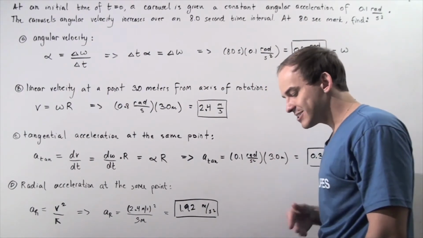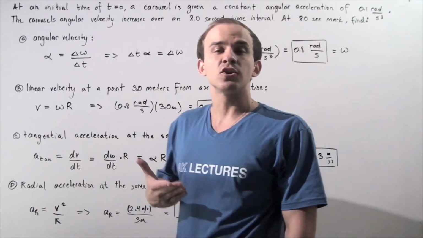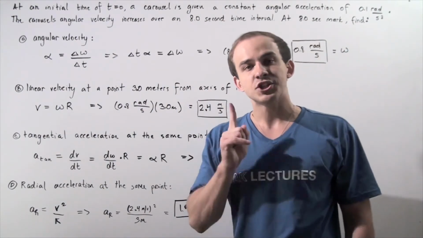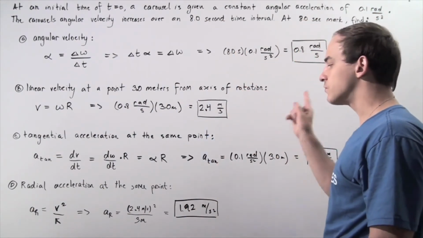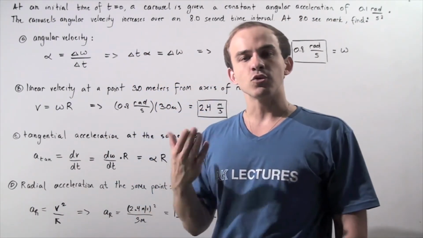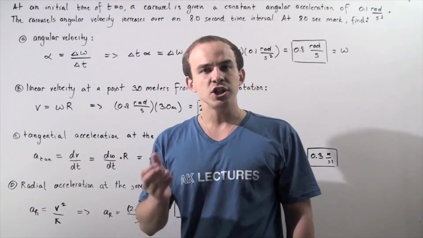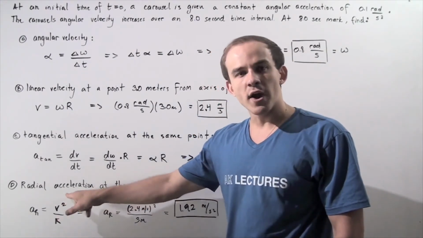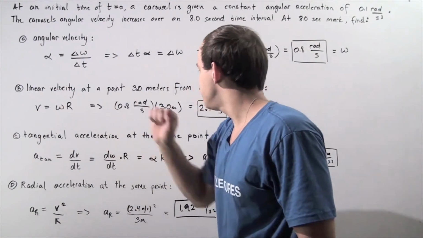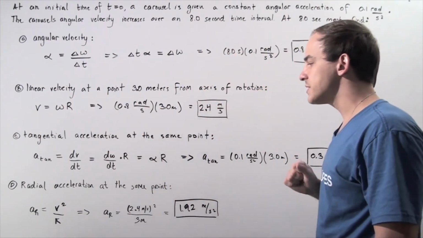What exactly is the radial or centripetal acceleration of an object found 3 meters away from the center of the carousel, from the axis of rotation? So recall the formula for radial acceleration. Radial acceleration is given by v squared divided by r. Now v we found in part B, it was 2.4 meters per second.